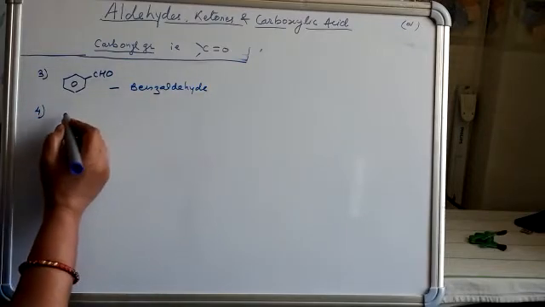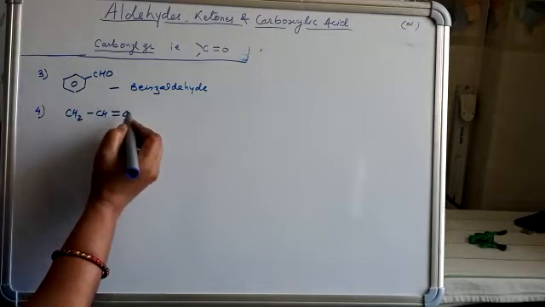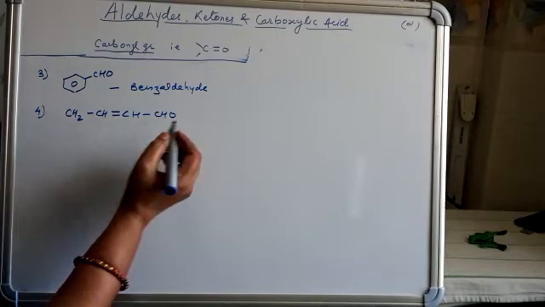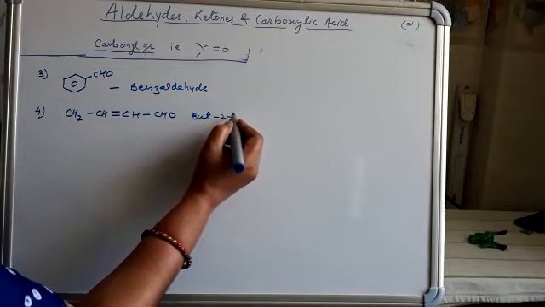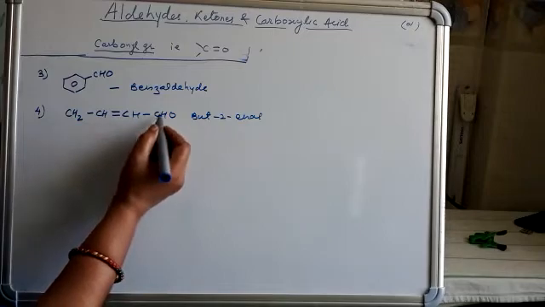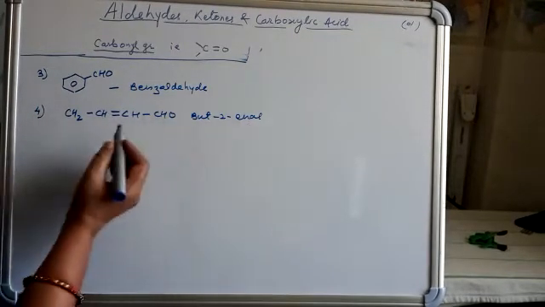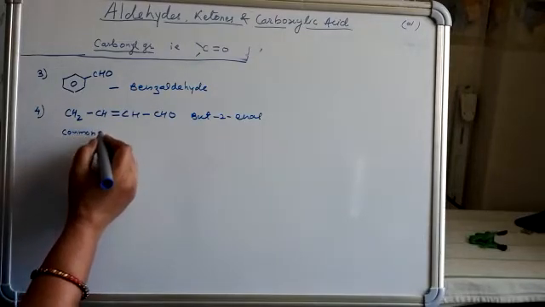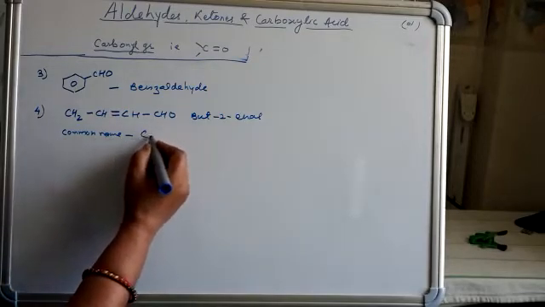Another example: the IUPAC name of this compound is butenal, because the functional group carbon is counted, so the suffix al will be used. And the common name is crotonaldehyde.